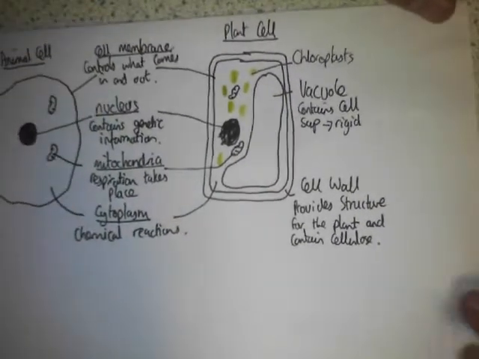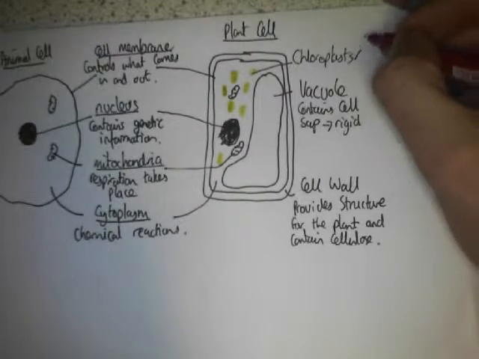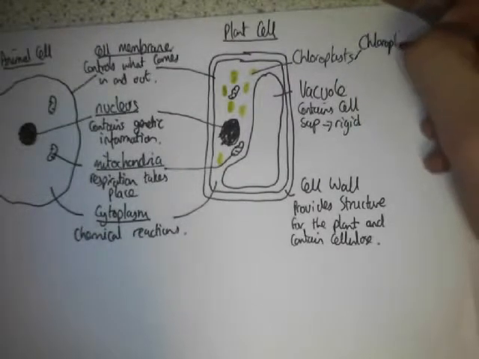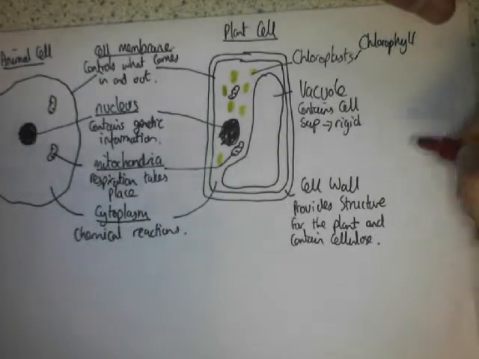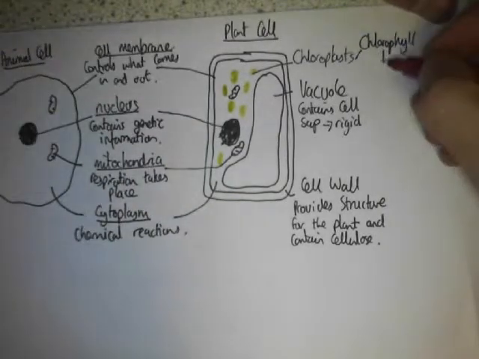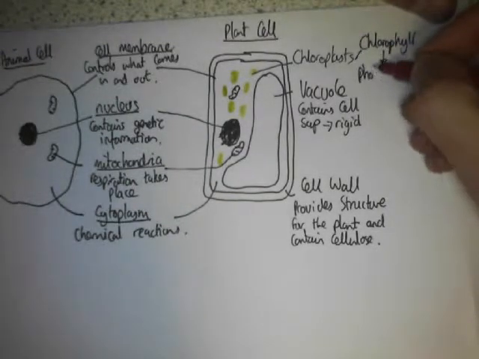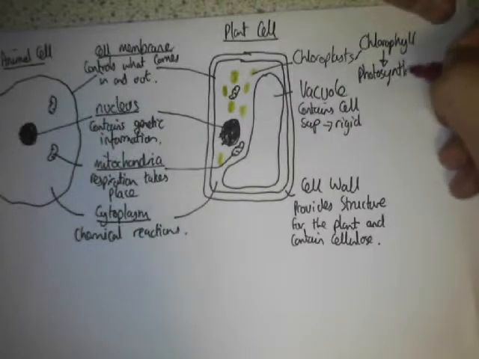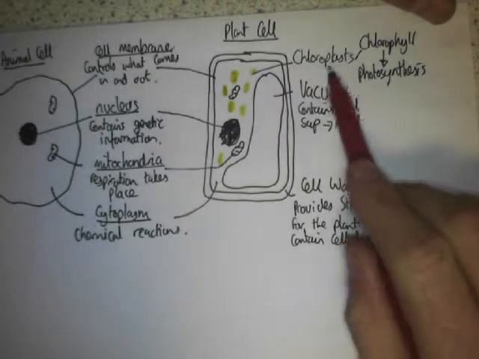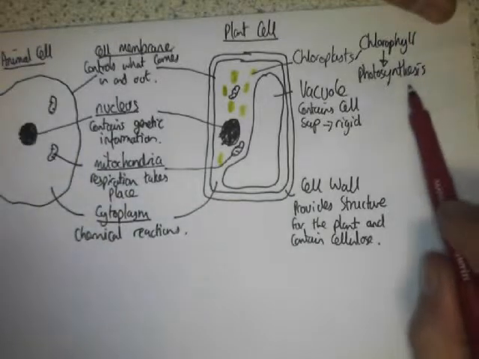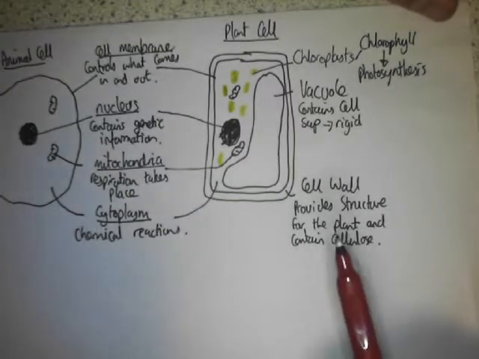The green thing is probably the most important for a plant because this contains a chemical called chlorophyll. And chlorophyll traps sunlight, so it's where photosynthesis takes place. So chloroplasts contain chlorophyll, and it's where photosynthesis takes place.